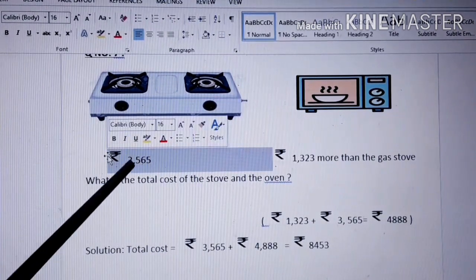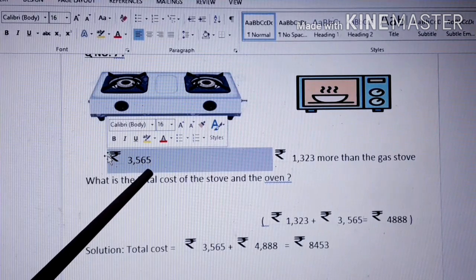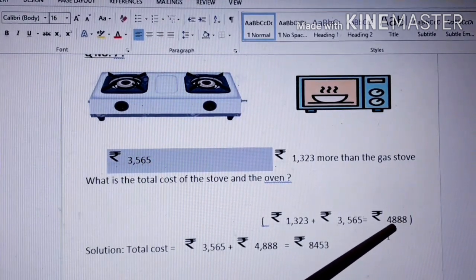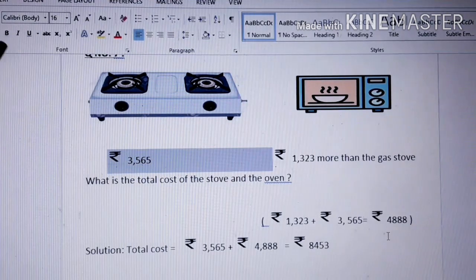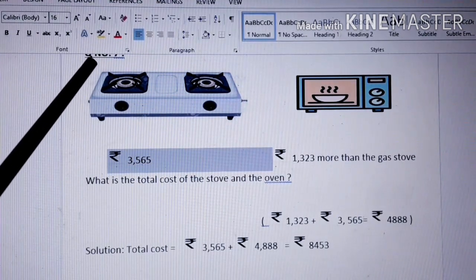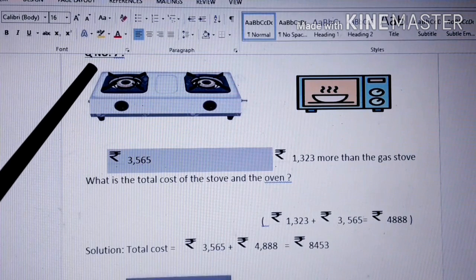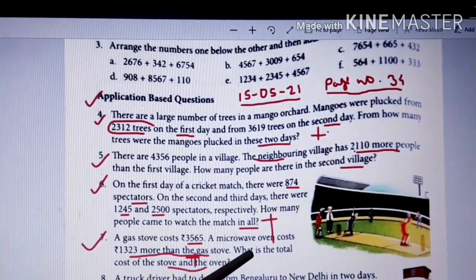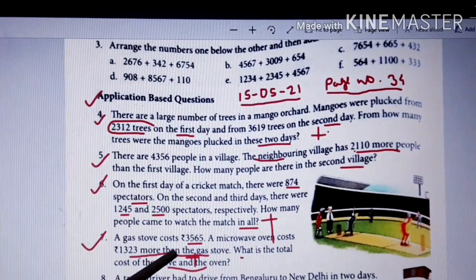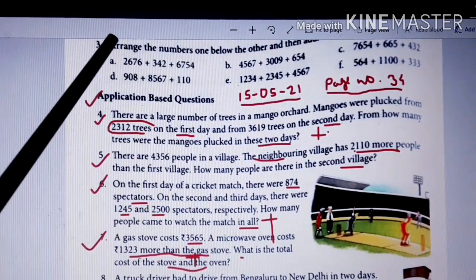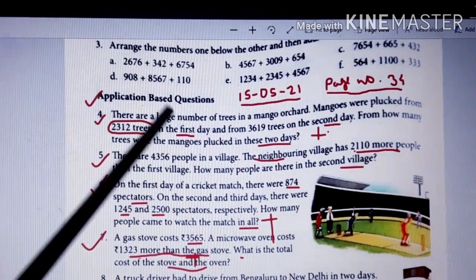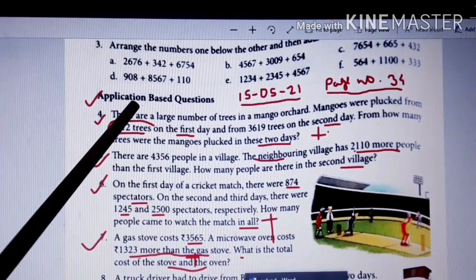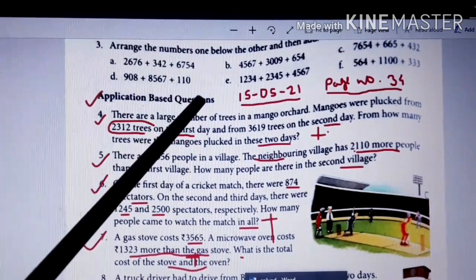Okay, now can you say what is the cost of the gas stove? Yes, it is rupees 3565 and the cost of the microwave oven is 4888. Now children, the last line was, what is the total cost of the stove and the oven? So stove plus oven. Okay, what we are going to do? Total cost is equal to stove plus oven.